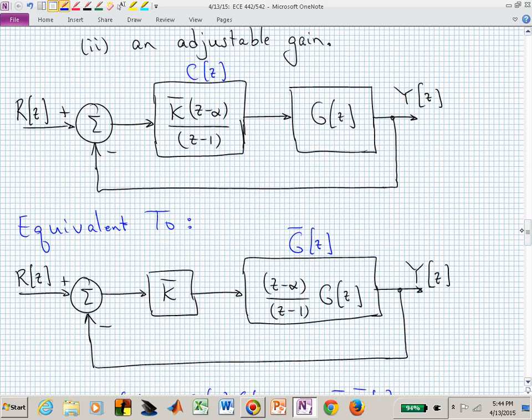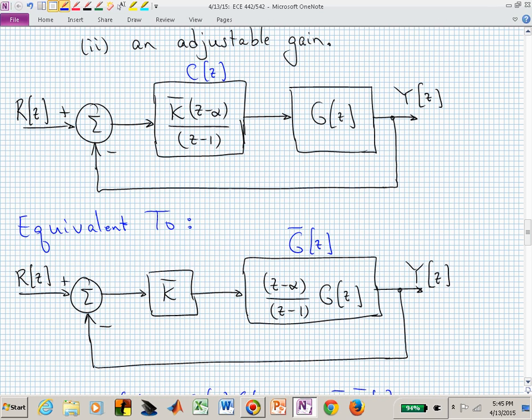But that block diagram is, I hope, trivially equivalent to just having an adjustable gain once you've fixed this 0 at a value of alpha. Now we've changed the block diagram very slightly, but now we have a G bar, and we have it in the standard root locus configuration. I give you a G bar, you give me a root locus.